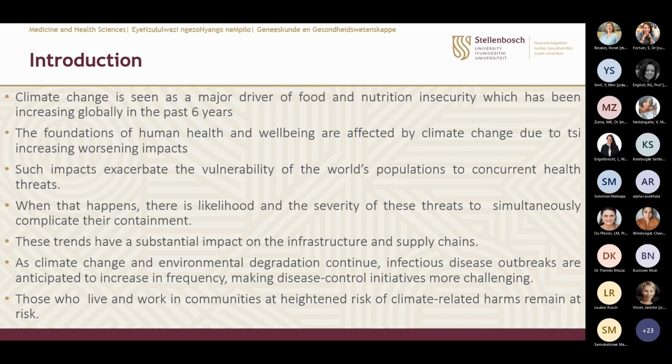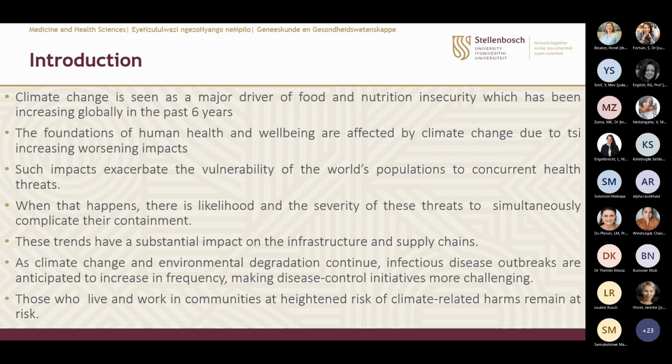And when these impacts happen, then they increase the vulnerability of the world's population to concurrent health threats.